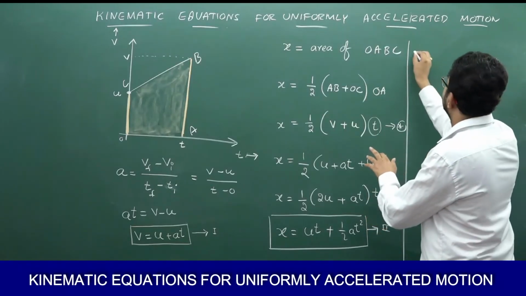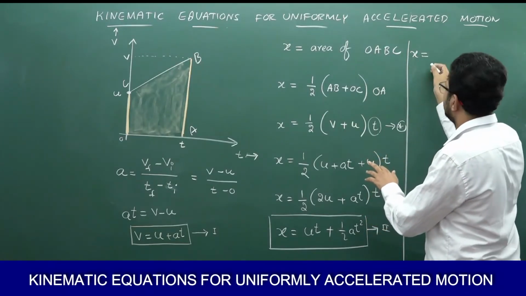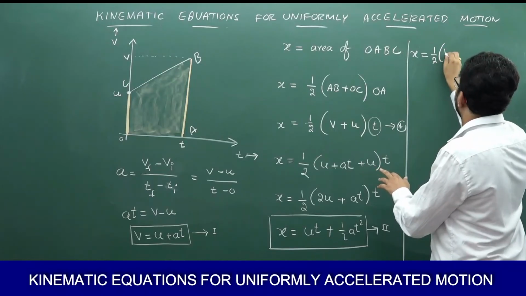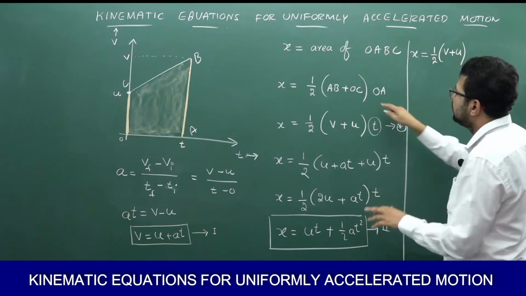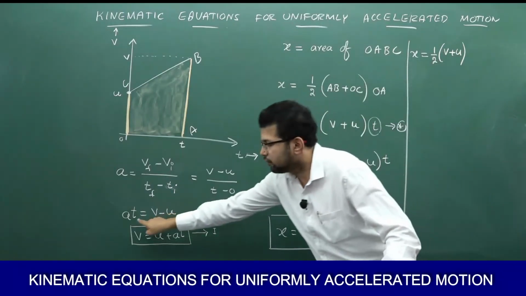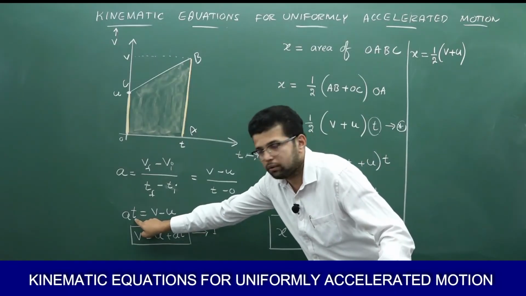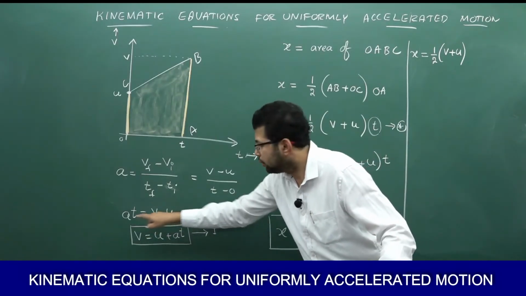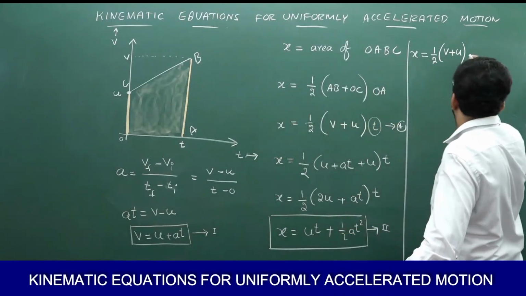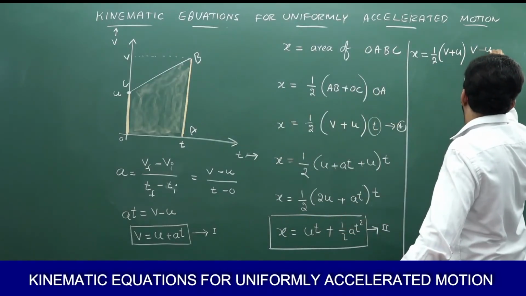So, what happens? x is equal to half into (v plus u) into t. What is t? From this equation you see t is equal to (v minus u) divided by a.